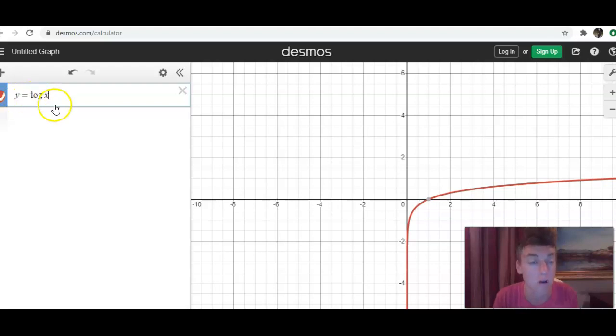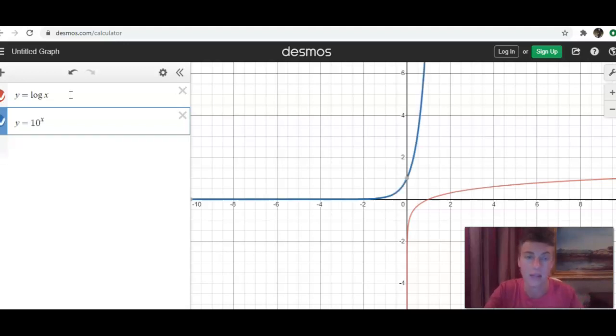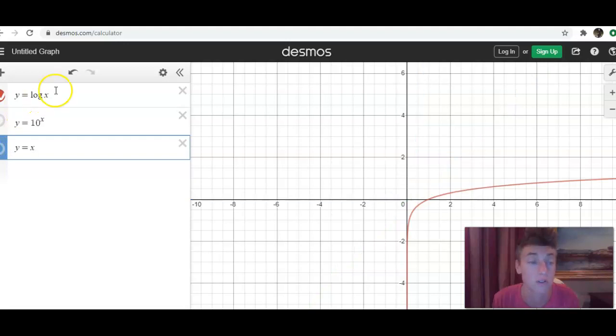So this is log base 10 of x, which is the inverse function of the function we just talked about, which I'm just going to put up here so we can look at them together. And I'll show you that they are inverse functions because they are perfect reflections across this y equals x. Okay? We're not really looking at either one of these right now, so I'll turn both of those back off. I just wanted to show you where that came from.